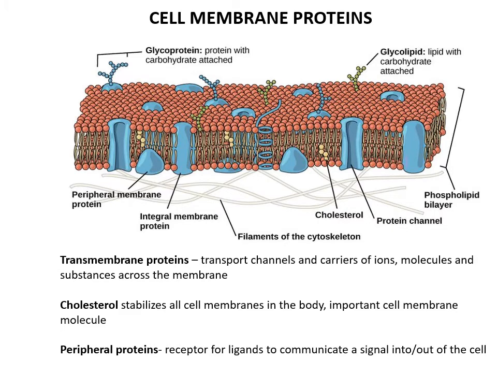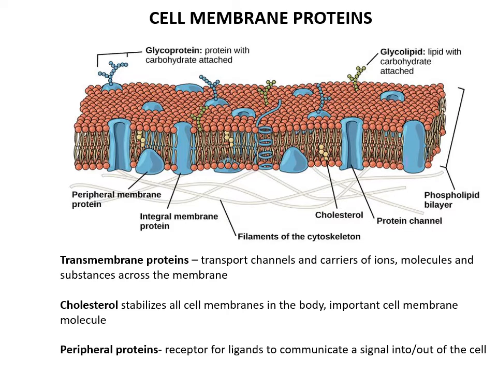And then you also have peripheral proteins that don't span the entire depth of the cell membrane. They don't span from one side to the other. And they can be involved in communication with other cells through, say, signals such as hormones that come in the bloodstream.